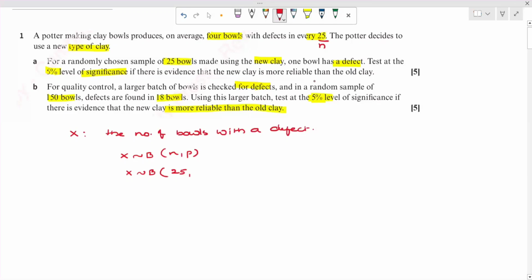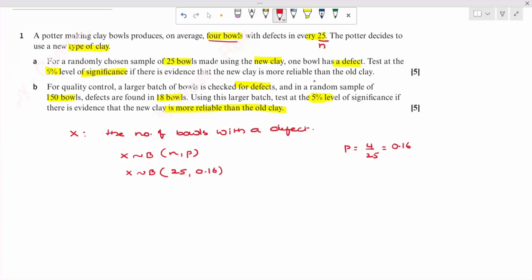What is the p value here? He has given that 4 bowls with defects in every 25. So p is equal to 4 divided by 25, which is 0.16. So the p value will be 0.16.